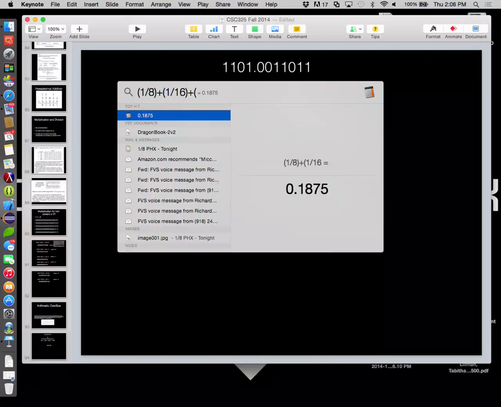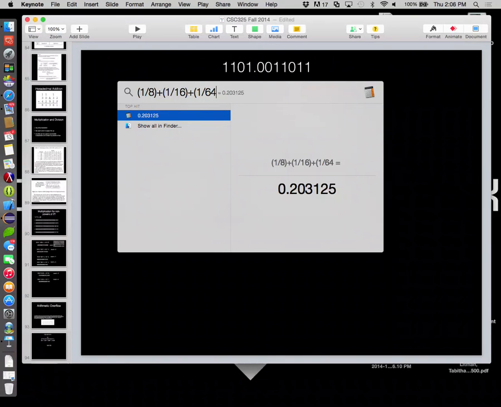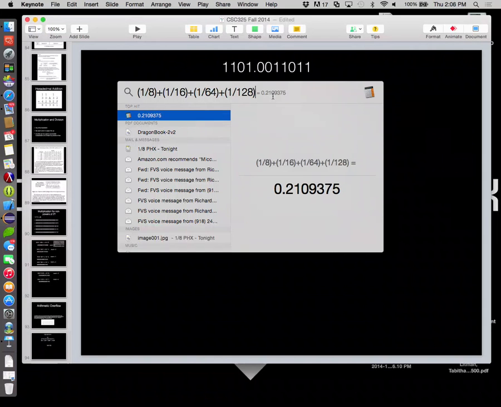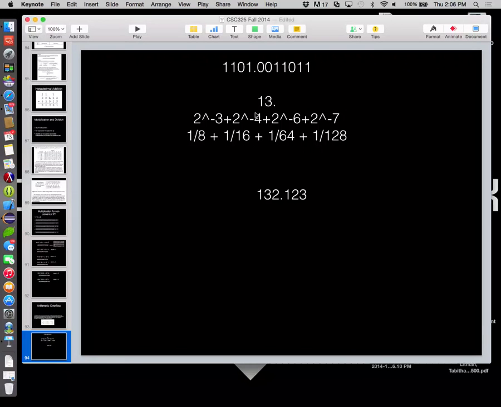Aha! 1/64 plus 1/128. So 0.2109375. Let me copy it. So this would be the answer. 13.2109375. Make sense how that worked?